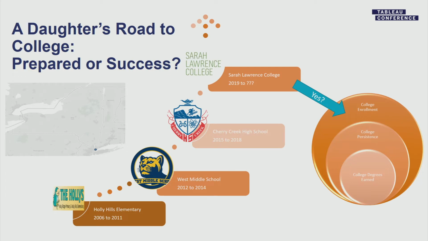But at least I know she was prepared, right? She got into the college, she had good scores on her ACT and SAT. She wrote two essays. We got feedback from the college saying it was really the essays that were very strong. So I could say that as she moved through our system, she was prepared. Now, whether or not she's successful, if she stays, she better, because we committed a lot of dollars so far for this first semester.